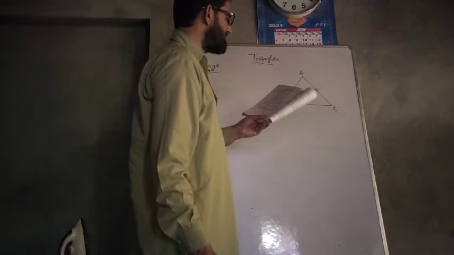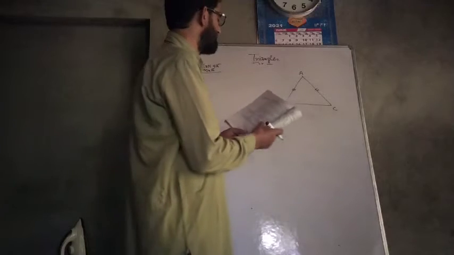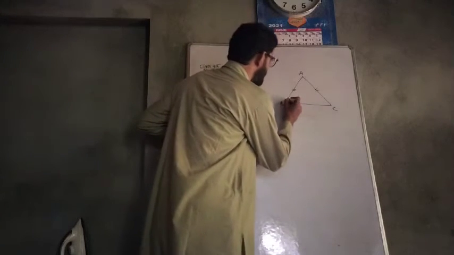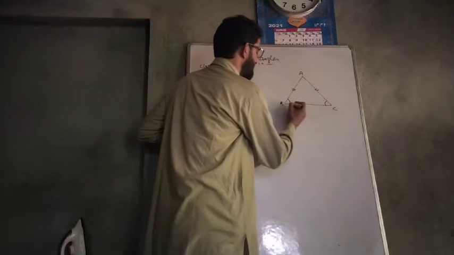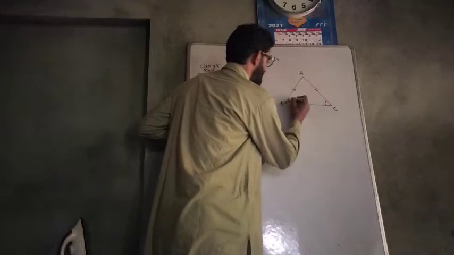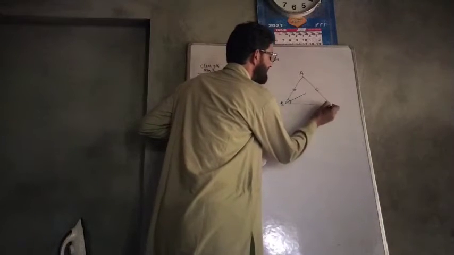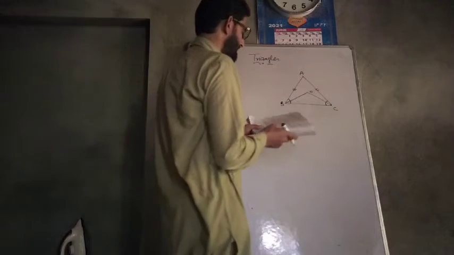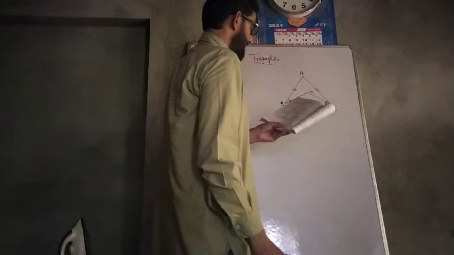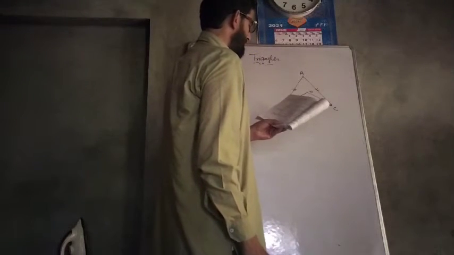The bisectors of angle B and angle C. Now these are equal angles. Angle B is equal to angle C, and they are bisectors. This is the bisector, and this here is the bisector, and these two bisectors meet at point O, and OA is joined.